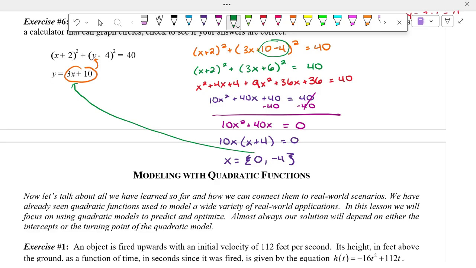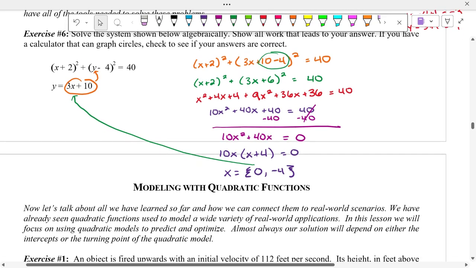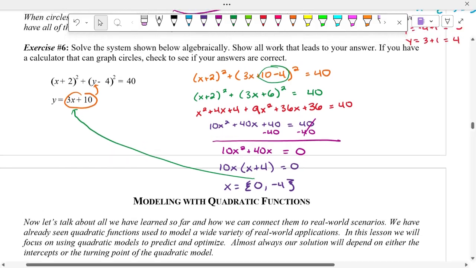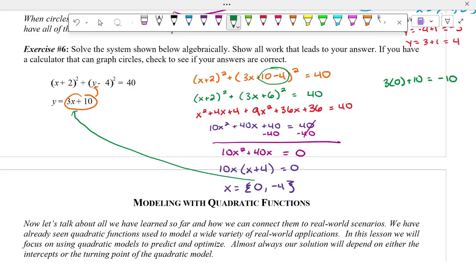I'm going to pick the linear because, again, it's way easier than trying to plug it into the circle. And if you look, we actually can't plug it into the circle. Why? So why do we have to use the linear function to find the y? Right, we don't have a y value, which is in the circle equation. So we have to plug it into the linear. So I would do 3 times 0 plus 10. So 3 times 0 is 0, plus 10 is 10.